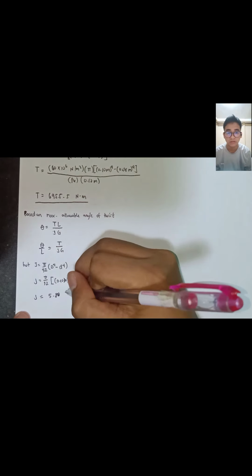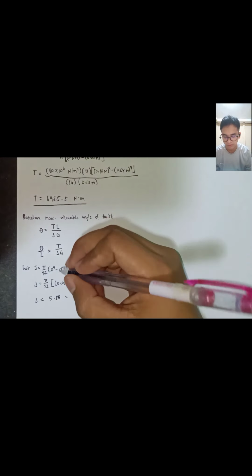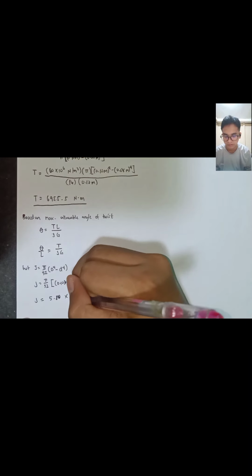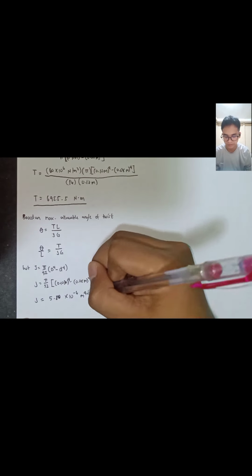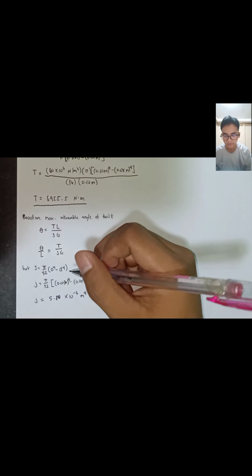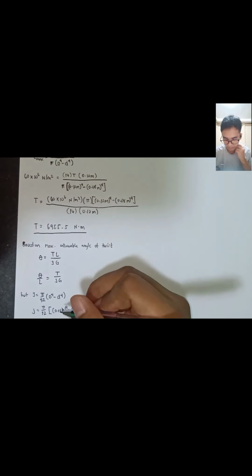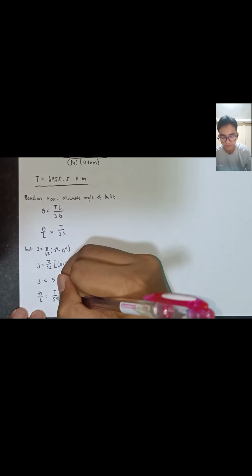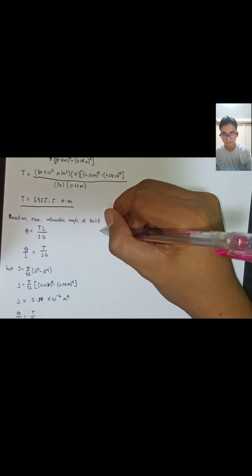Since nakuha na natin yung J, pwede na tayong bumalik dito sa una natin formula para makuha na natin yung torque based on maximum allowable angle of twist. Substitute na lang natin, guys. So, balik tayo sa formula. Substitute na natin 0.5 degree over meter.